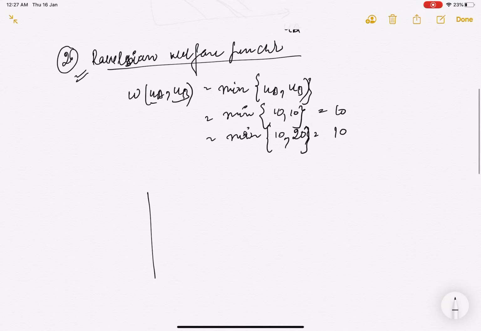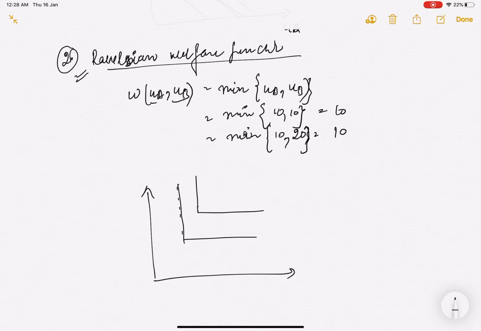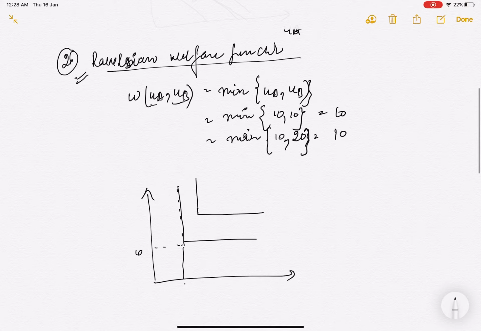So we can draw this also. The social welfare, the ISO welfare function, would look like this. It would be L-shaped. At 10, 10, this is the case. Since it's a welfare function, we have to depict the utility of A and utility of B, since we are talking about the utilities of different individuals.